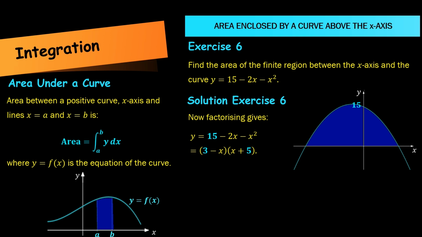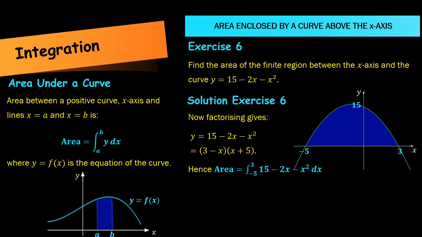The intercept with the y-axis is 15, and the curve crosses the x-axis at x equals 3 and x equals minus 5. Therefore, if we're wanting to find the finite region between the x-axis and the curve, we're looking for the region between minus 5 and 3, which is below this curve.